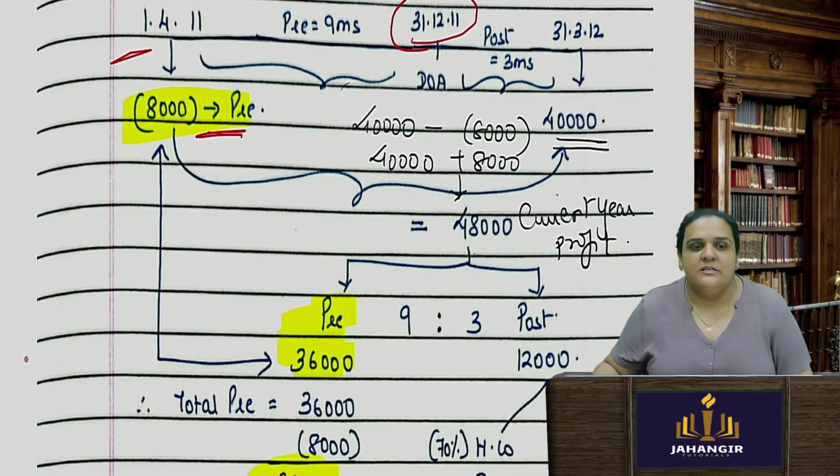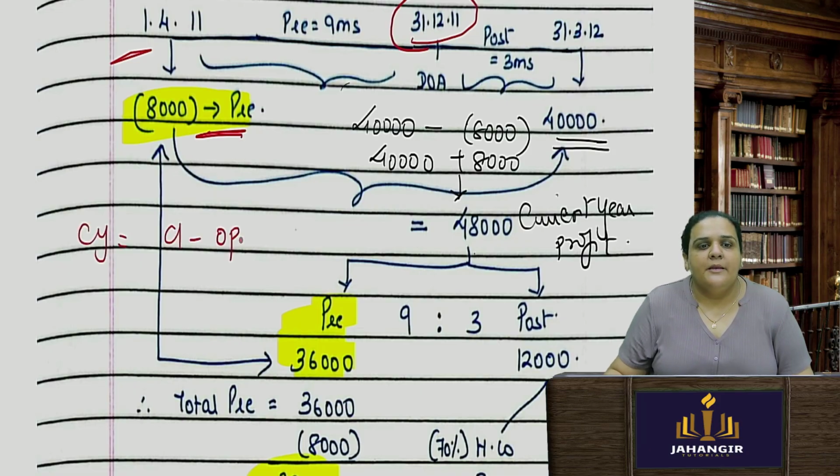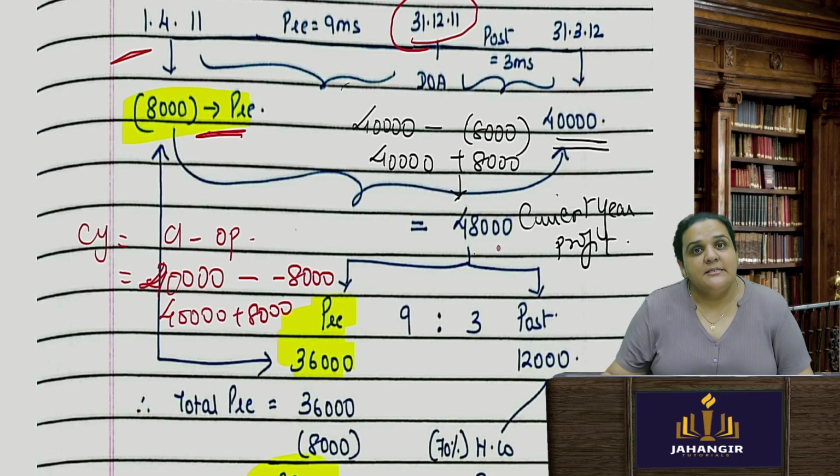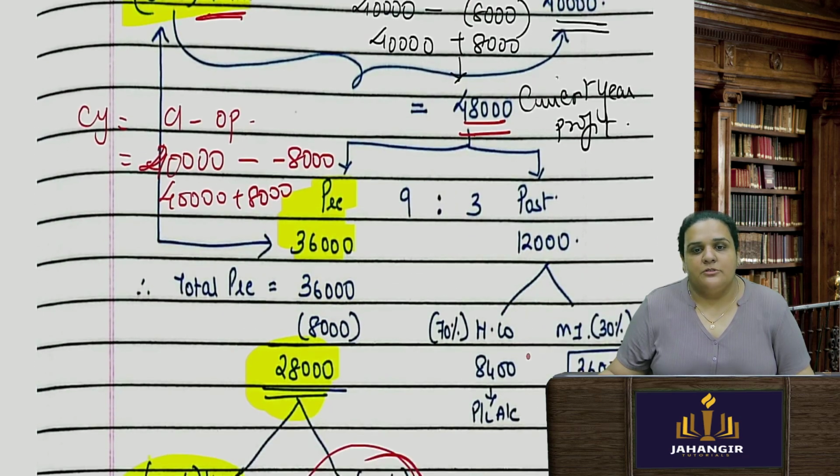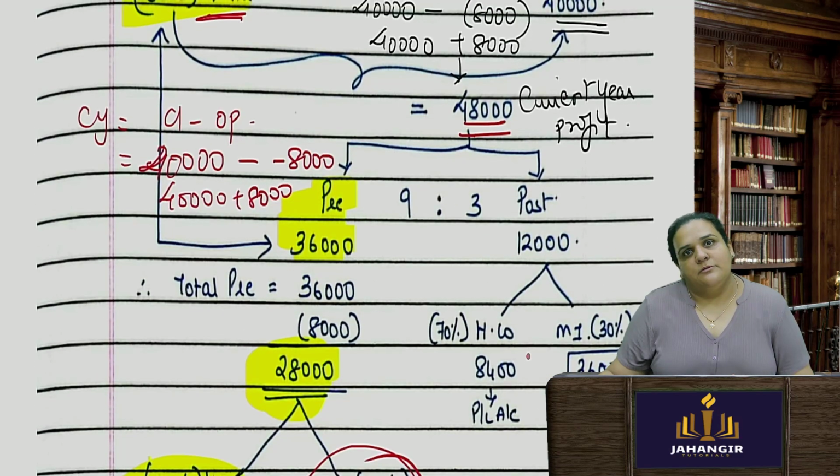How we find it? Current year's profit is nothing but closing minus opening balance. My closing balance is 40 and my opening balance is minus 8,000. So minus and minus will become plus. Therefore current year's profit is 48. That will have to be divided between pre and post. 36 and 12,000.